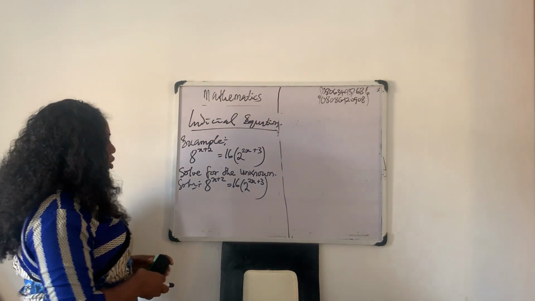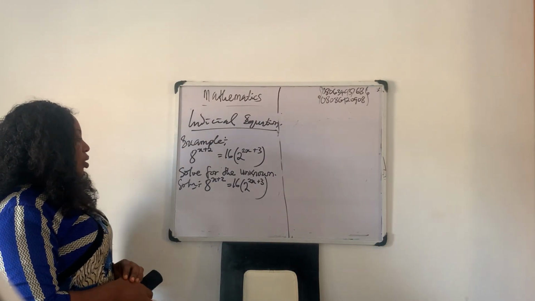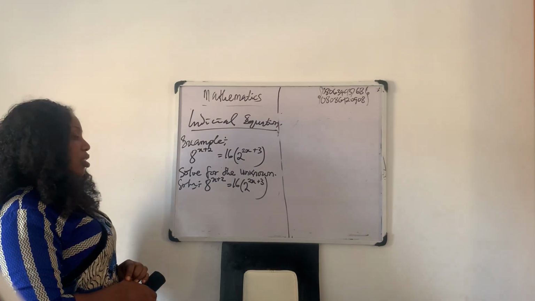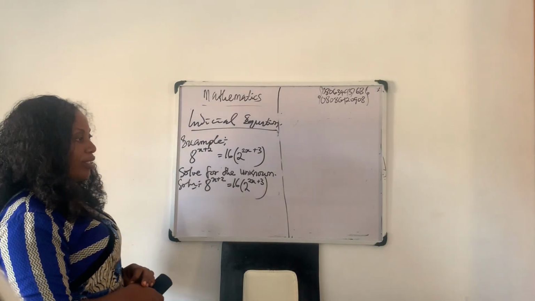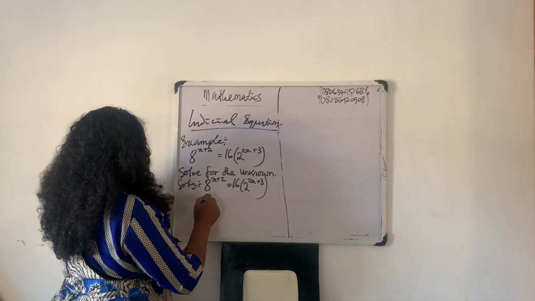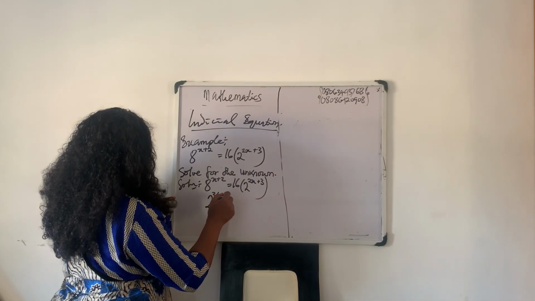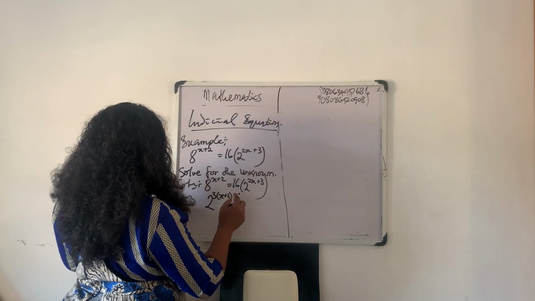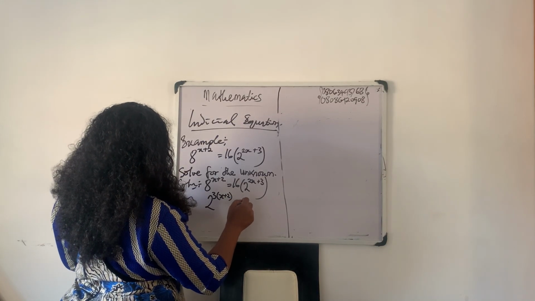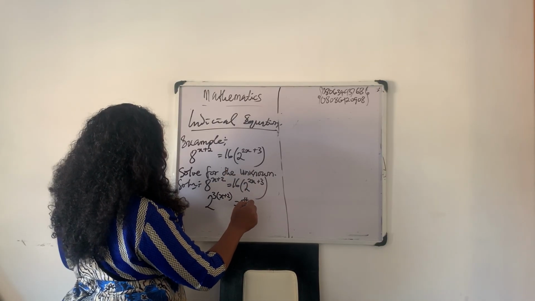Picking 2 as the base, how many times is 2 going to multiply itself to give us 8? 3 times. So instead of writing 8, you write 2 raised to the power 3, bracket open, x plus 2, equal to 2 raised to the power 4, because 2 multiplying itself 4 times will give us 16.